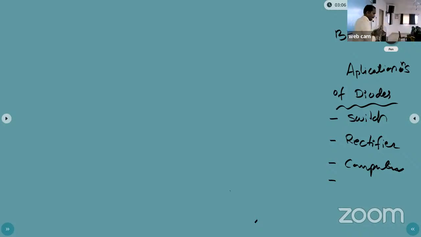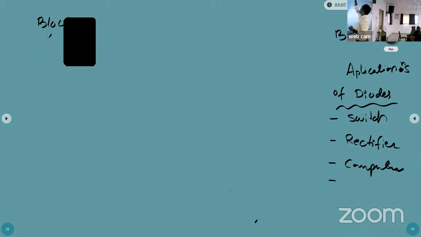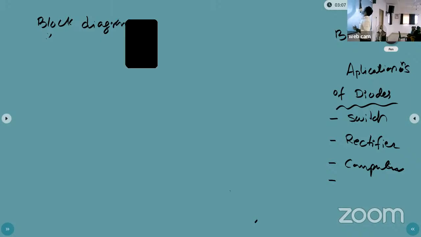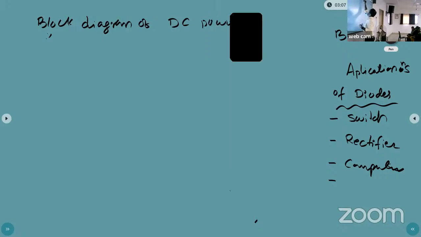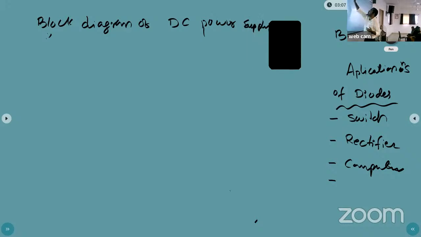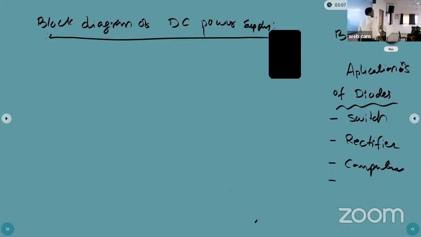Now, before getting to the rectifier, I will draw one circuit, the block diagram of a DC power supply.